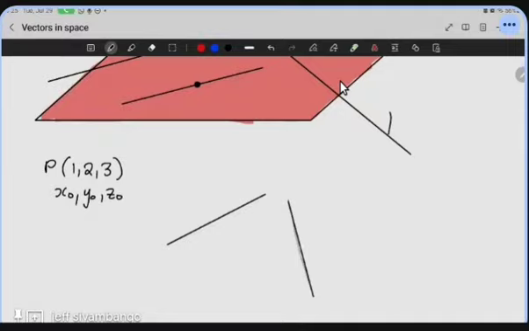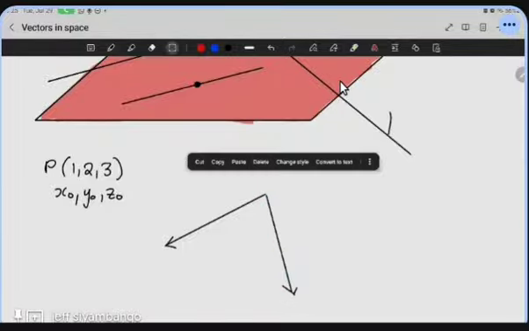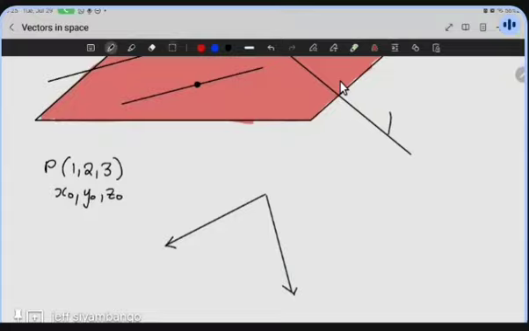But if we use these two lines, if we get their cross product, what we get is going to be a vector perpendicular to both of them. So if we obtain the cross product of the two lines, the result is going to be a vector perpendicular to both vectors.